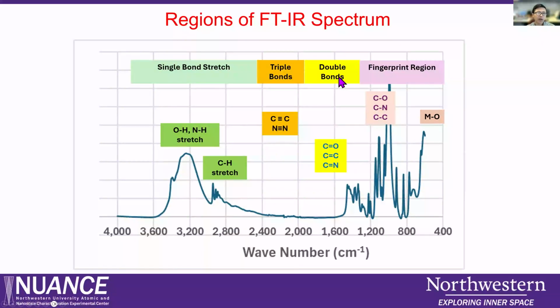And the double bond region, carbon-carbon and carbon-oxygen double bonds, is here. This region is the fingerprint region. We call it the fingerprint because it is important for identifying a compound, but it is also complex, like a fingerprint. We have a slide to talk about what the fingerprint region is and why there are so many peaks there.